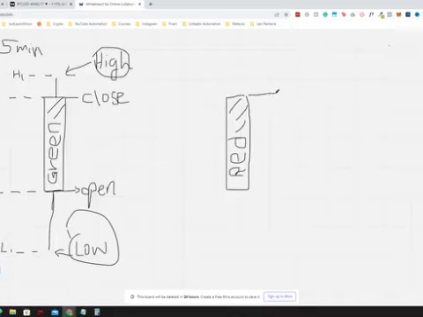So in a bearish candle, the top is actually the open, and the bottom is the close. If you look at these two, you see it's basically a flipped version of the other.